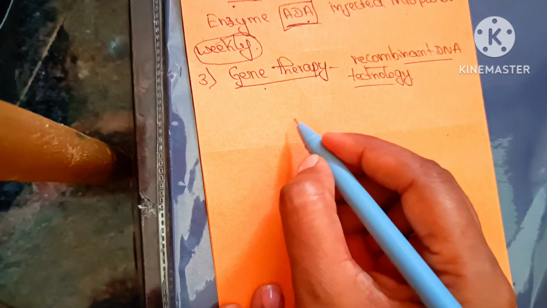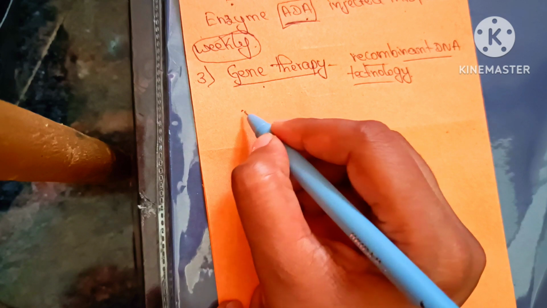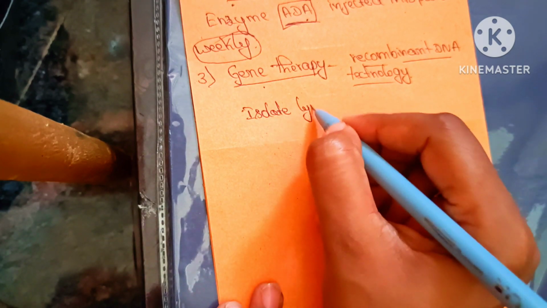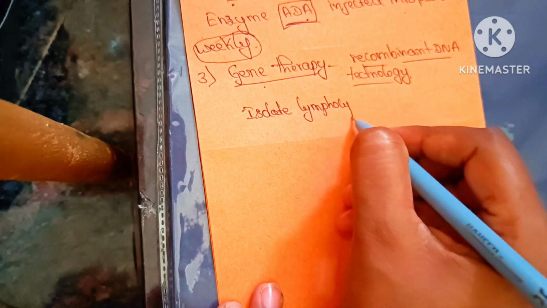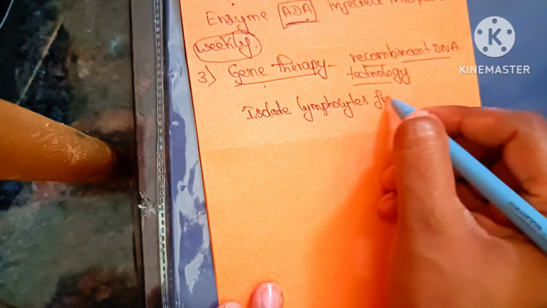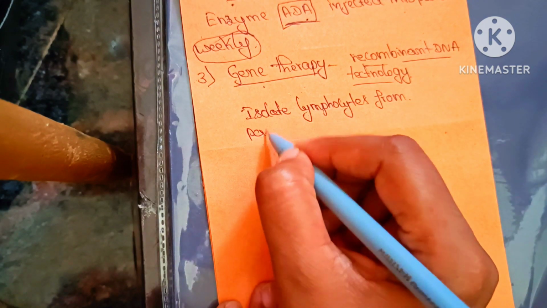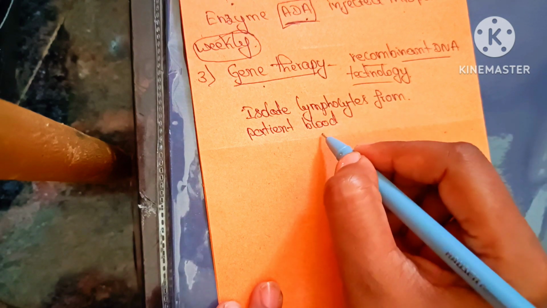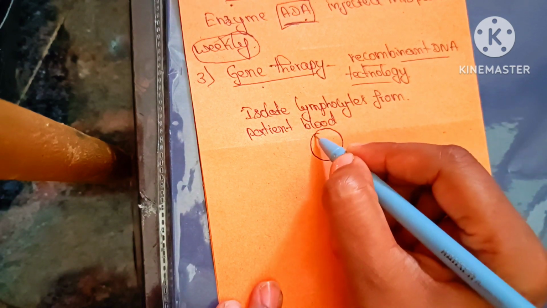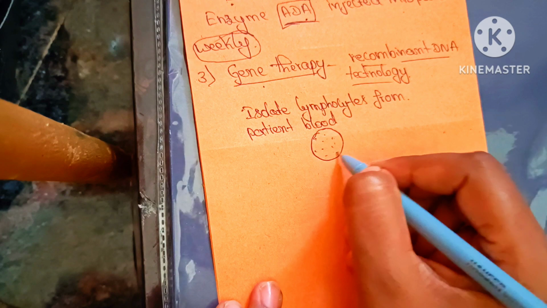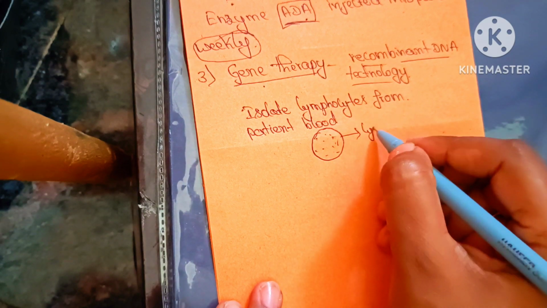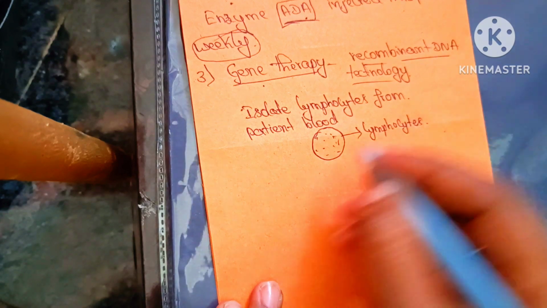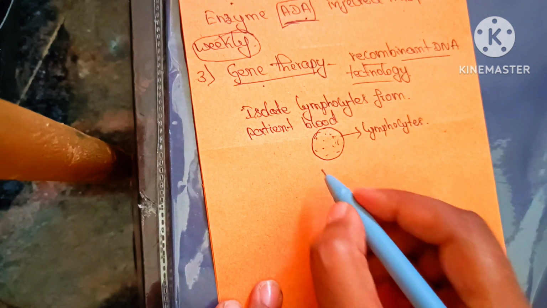So here, first they will isolate lymphocytes from the patient's blood, and they will grow the lymphocytes in a laboratory, in a medium. So let us consider these are lymphocytes.